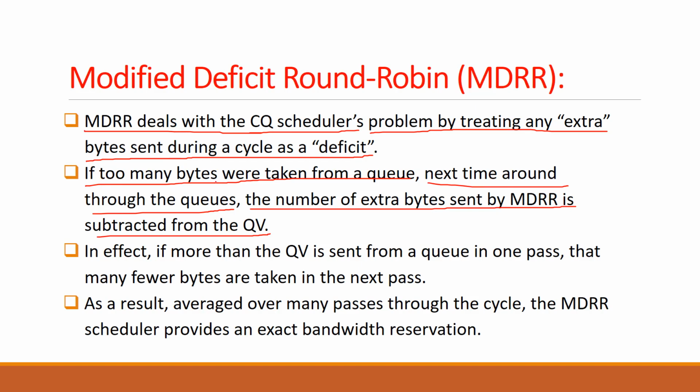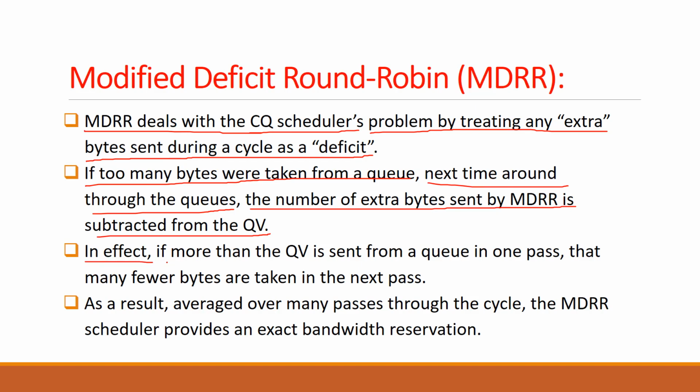So if too many bytes were taken from a queue, next time round through the queues, the number of extra bytes sent by MDRR is subtracted from the QV. It means the number will be decreased and the percentage will be the same.